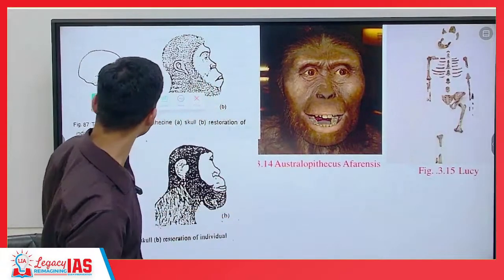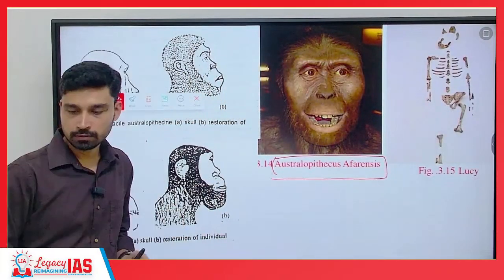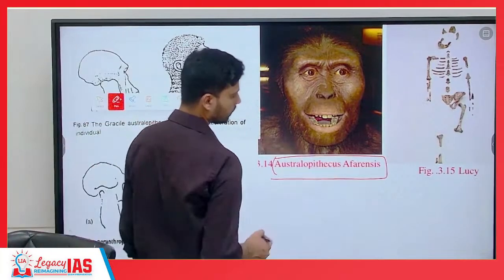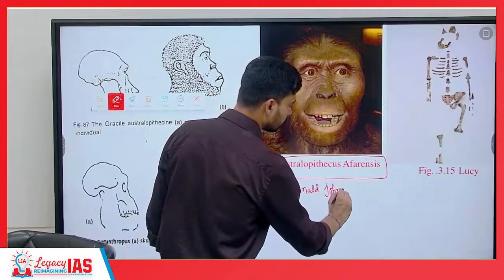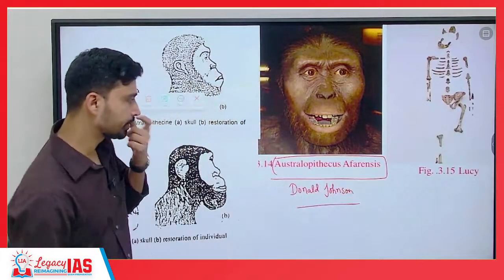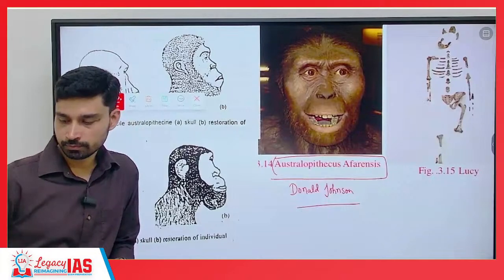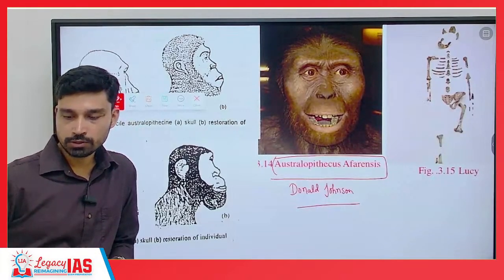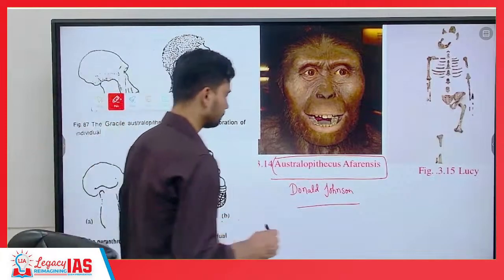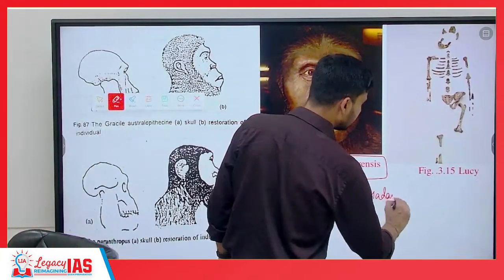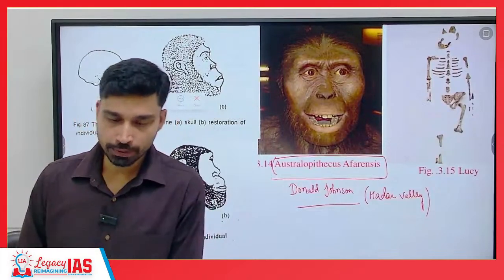The second group of fossil by the name of Australopithecus afarensis was discovered by Donald Johnson in the Hadar Valley of Ethiopia.